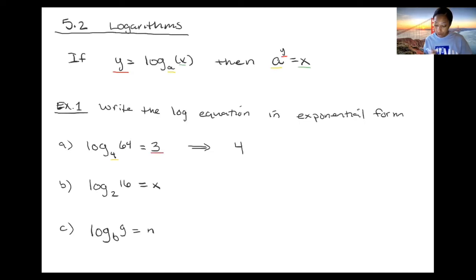So here, our logarithm equals 3, then the exponent should be 3. So we have 4 to the 3rd power. And if log base 4 of 64 equals 3, that's just telling us that 4 to the 3rd power is equal to 64. And that's true. 4 to the 3rd power does indeed equal 64.